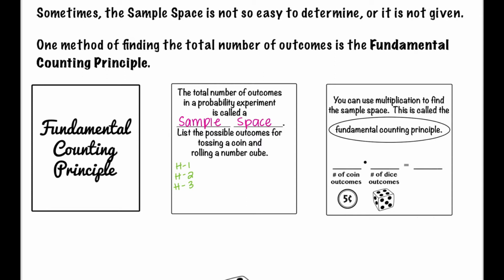So you kind of see what's happening here. You can get heads and any possible outcome from the dice. Or you could toss and get a tails and roll a 1. You could toss, get a tails and roll a 2. You could toss and get a tails and roll a 3. So again, if you toss and get a tails, you could still get any number for the dice.